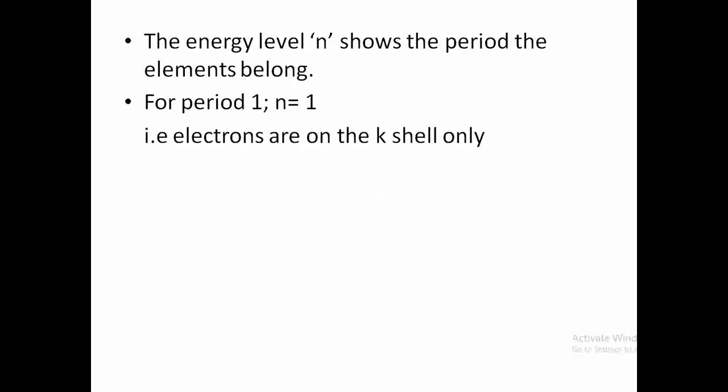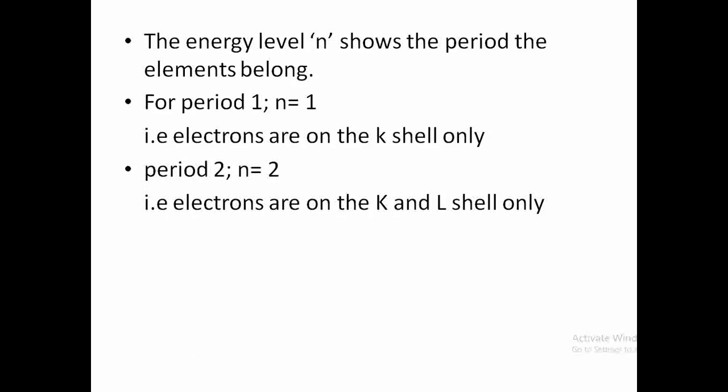The energy level N shows the period the element belongs to. For period 1, N equals 1. It means electrons are on the K shell only. Period 2, N equals 2. It means electrons are on the K and L shells only.